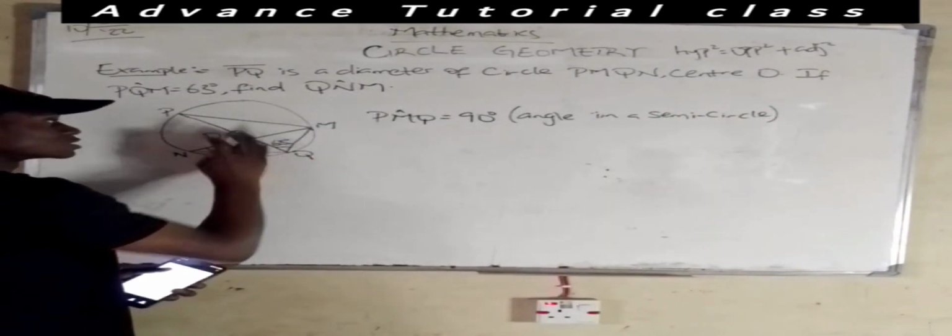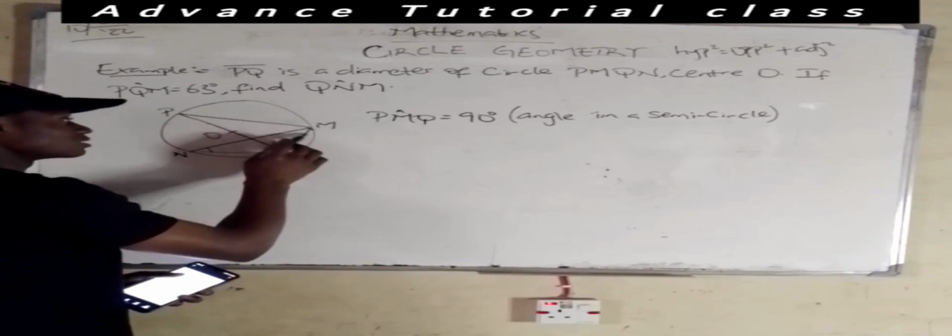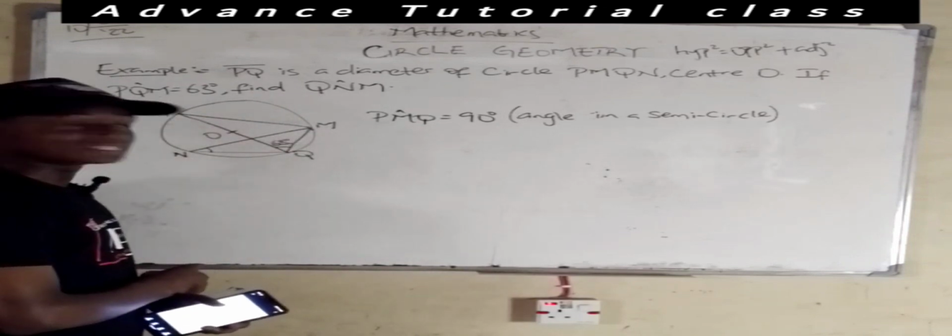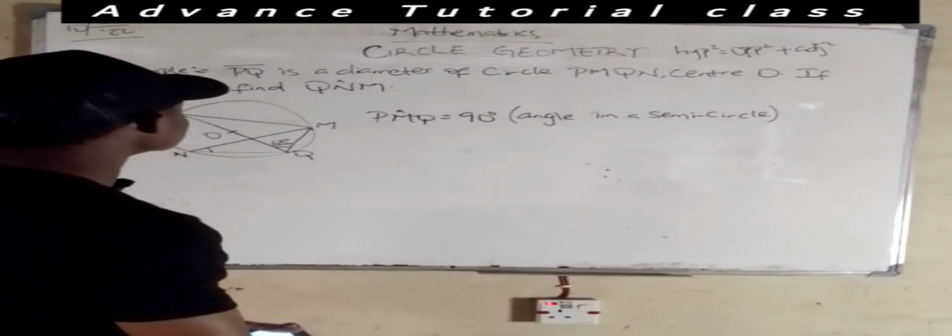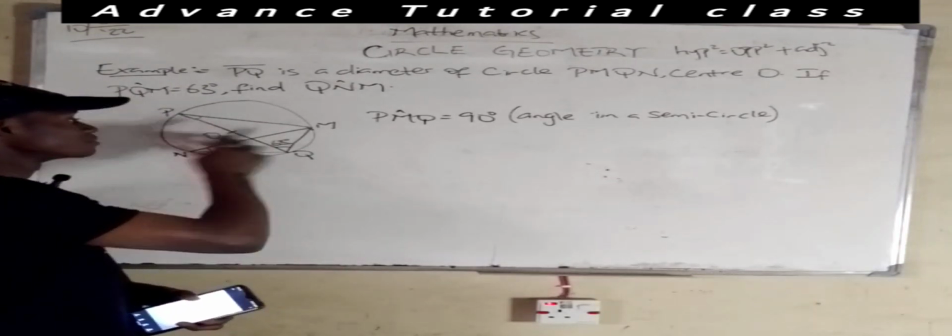You see, this place here to this place actually accounts for a semicircle. So since we have this angle over here, this is 90 degrees. So the next thing is to find QPM. And I'll tell you why it's necessary for us to find QPM before we can find QNM.